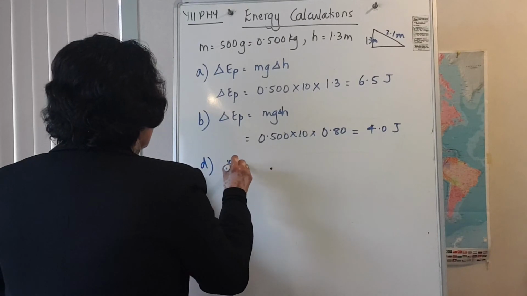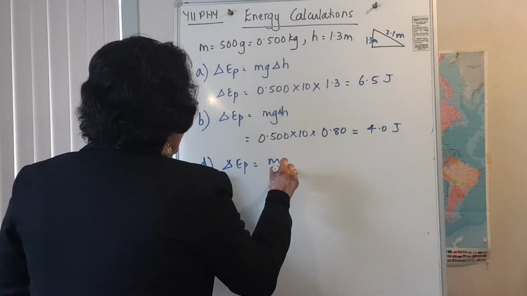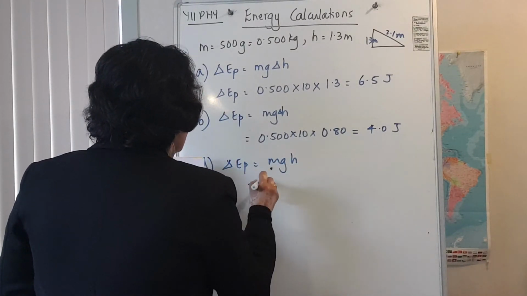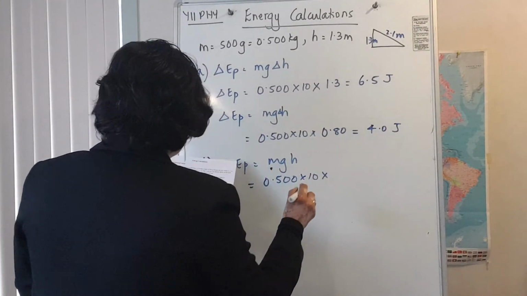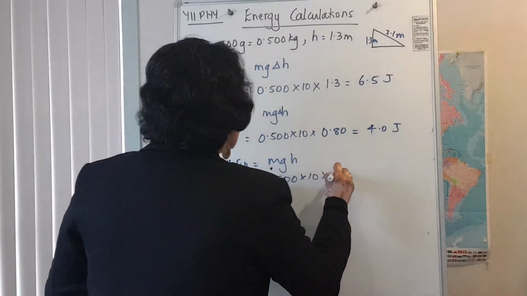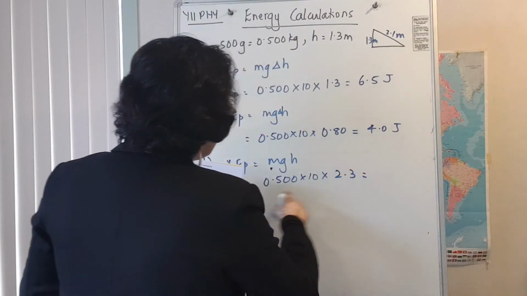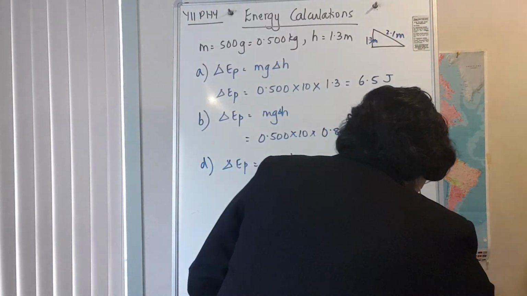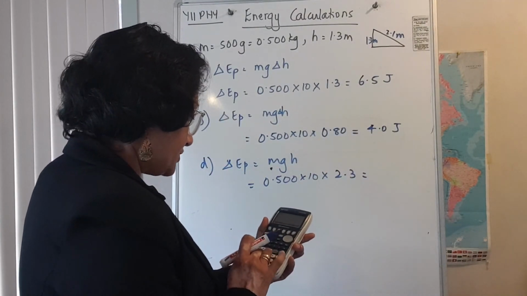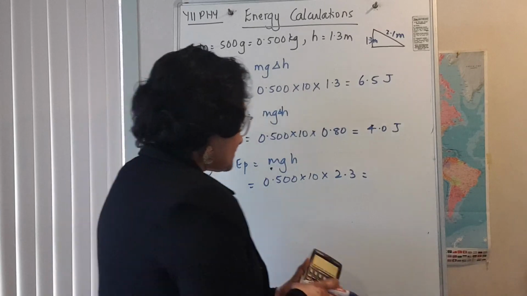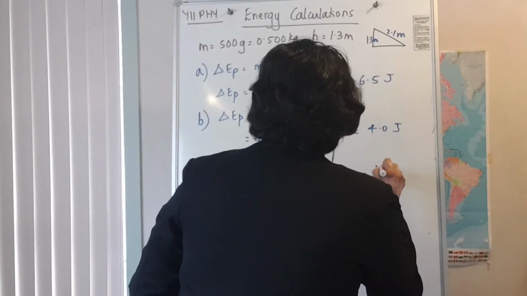D, when she puts it on the shelf, it's again mgh, and your mass is 0.500, your g is that much, and your height is 2.3 meters, and you multiply all this and you end up with an answer, and you get 5 times 2.3, and you get 11.5 joules.